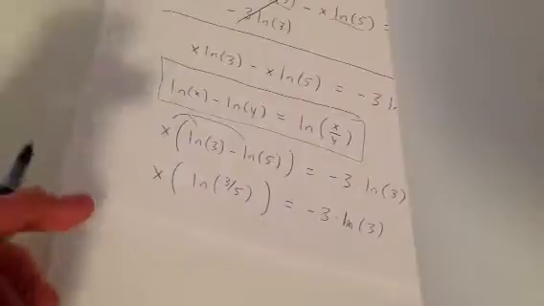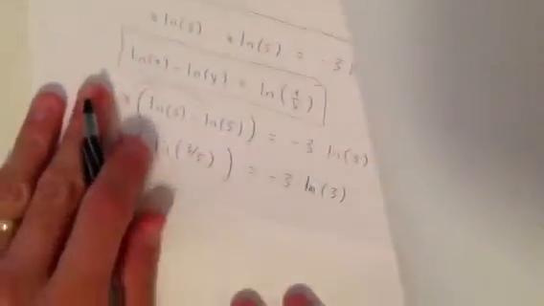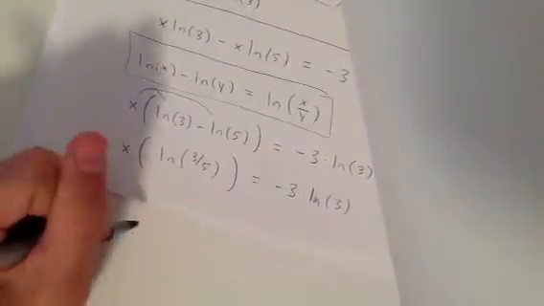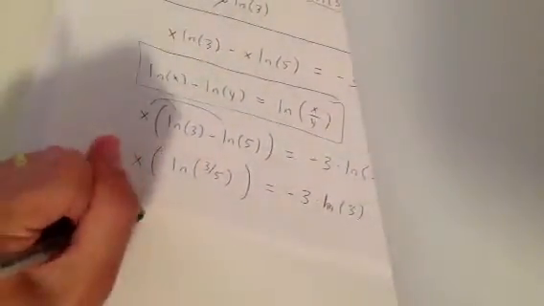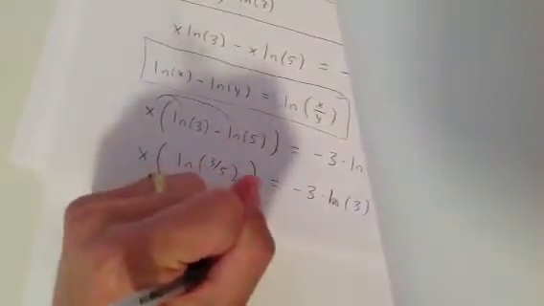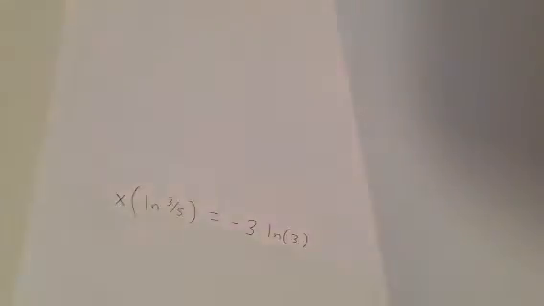So if we divide both sides by the natural log of 3/5, then we'll have our answer. So let me rewrite it real quick here. So I'll move this out of the way. So this is what we're left with, just using the rules of natural logarithms and also algebra. That's all we've used so far.